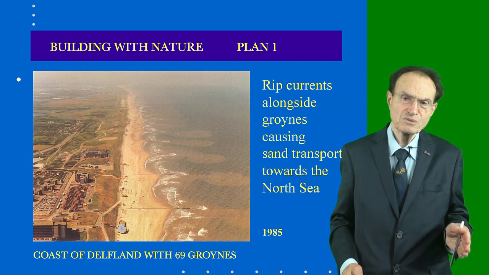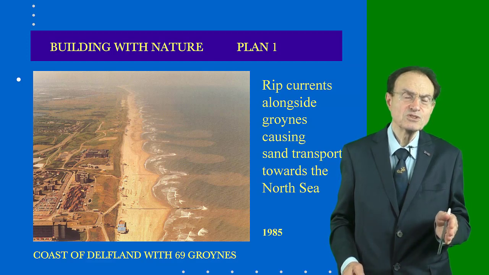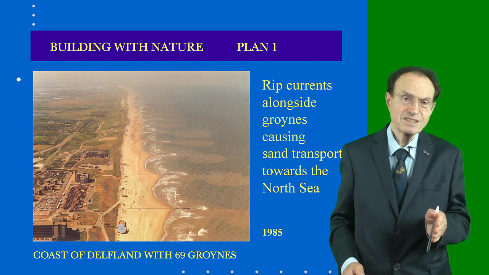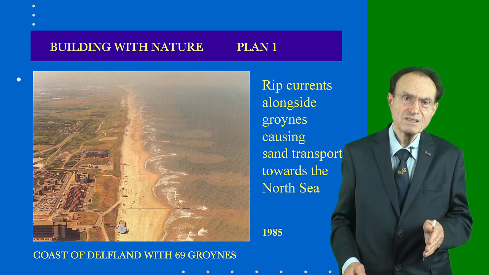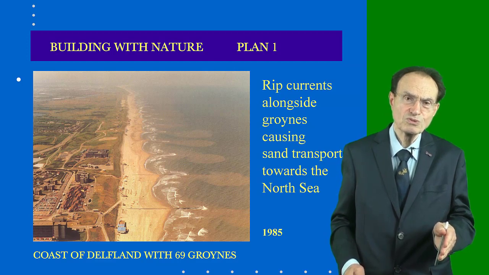As a brake to the sand transport, these groins were erected, and that is their positive function. However, they have a net negative function because they create rip currents flowing sand away from the coast.